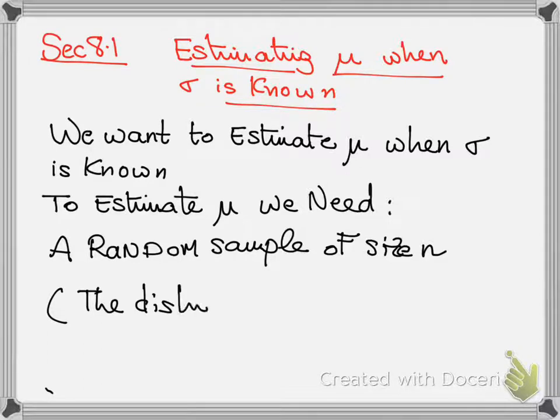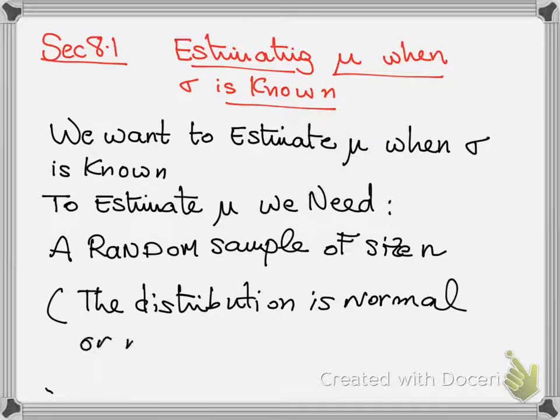Either the distribution is normal, or n is large enough. Because n is large enough, we can use the central limit theorem, and then we get a normal approximation of the distribution. Okay, now, so we have this random sample.